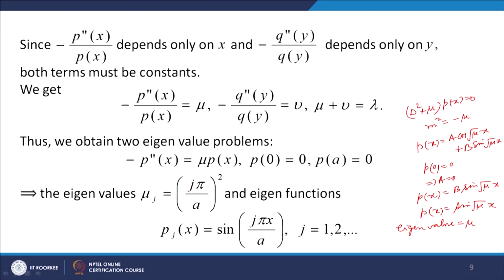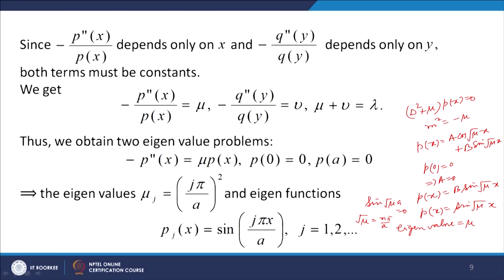p(a) equal to 0 means sin root mu a equal to 0. So root mu is equal to n pi by a, so mu is equal to n pi by a whole square. In place of n I am writing j.